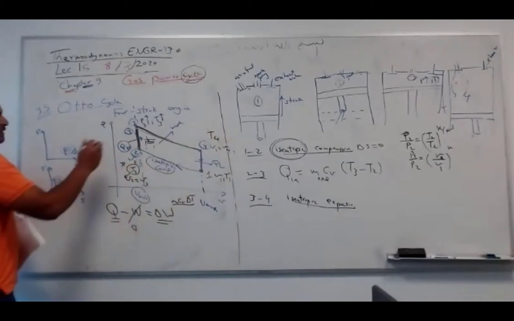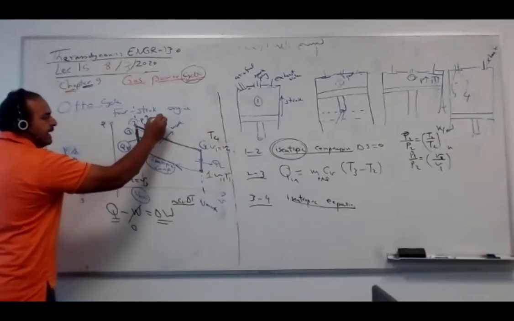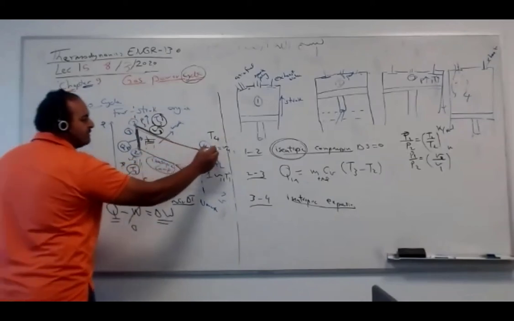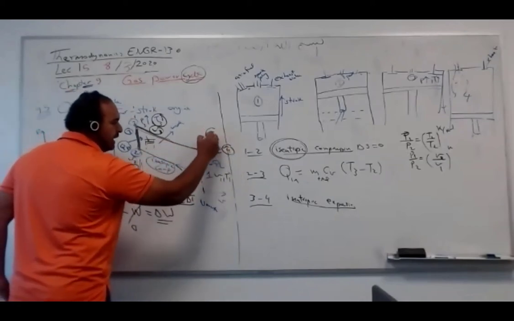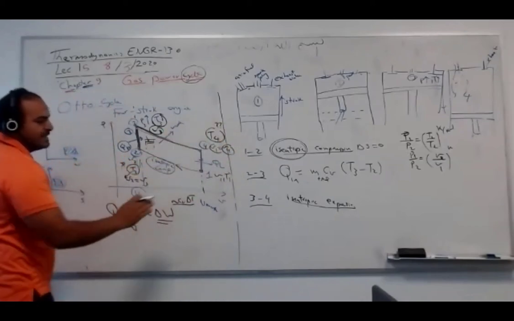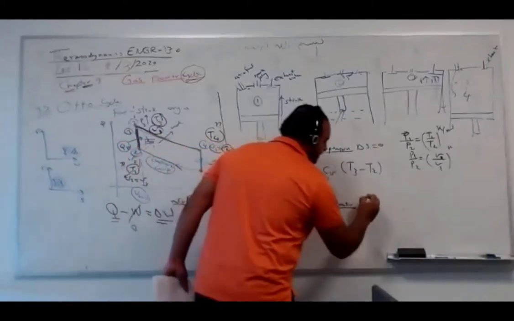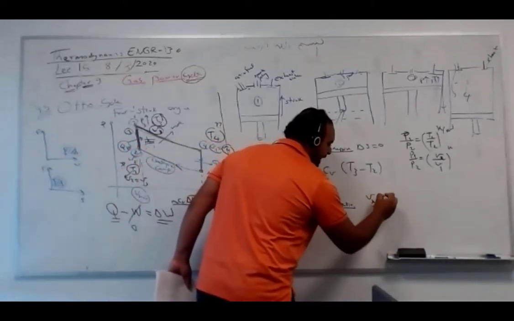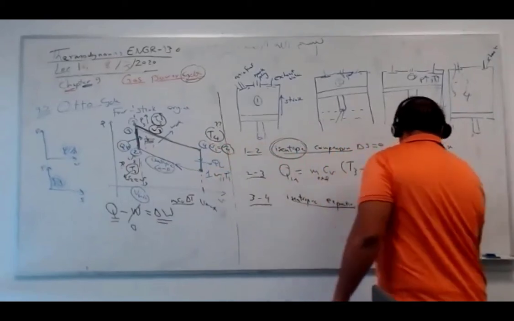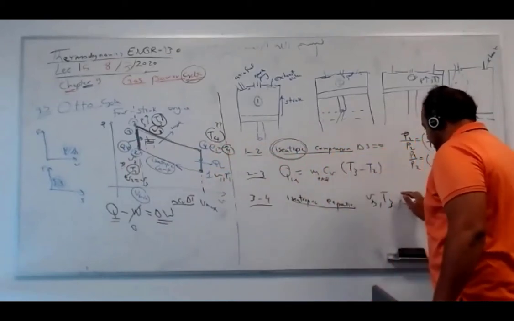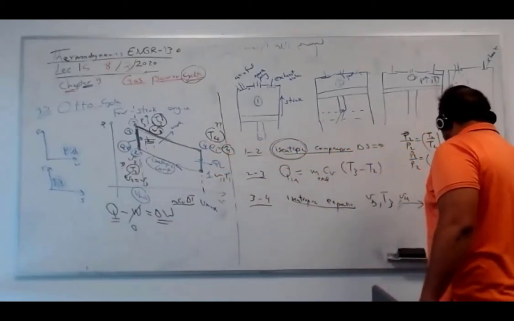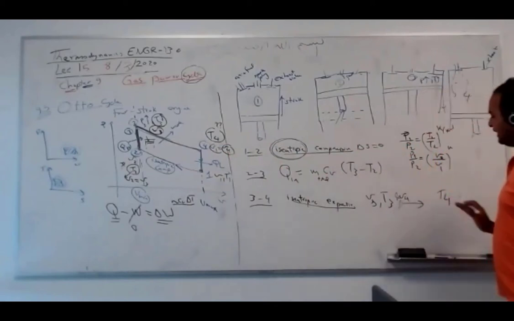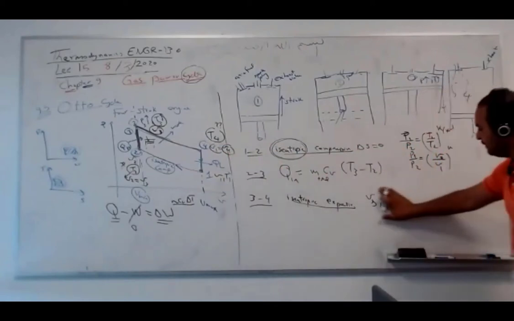Why? The volume here and temperature, isentropic relation with the volume here and temperature, you can get T4 because isentropic. So if you have, for example, T3 and V3, and V4, you can get T4. Isentropic relation. How?